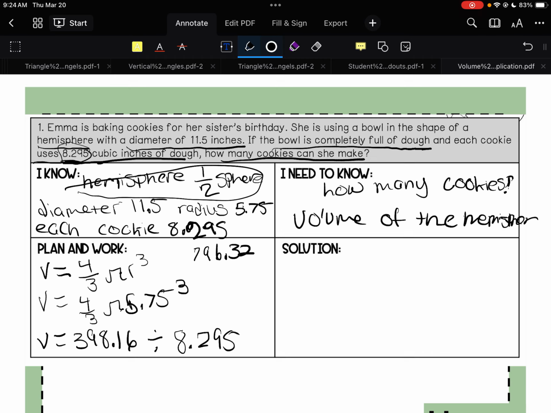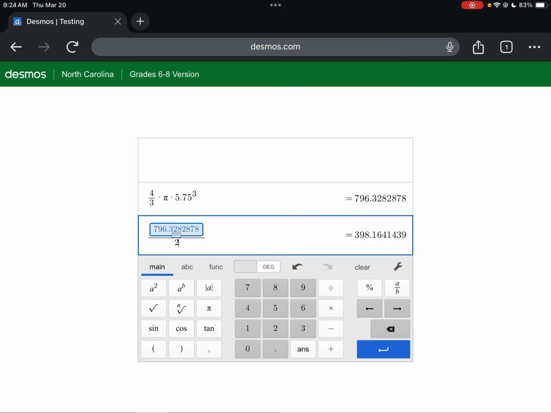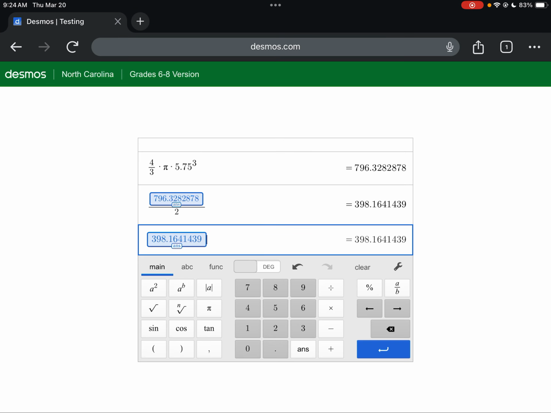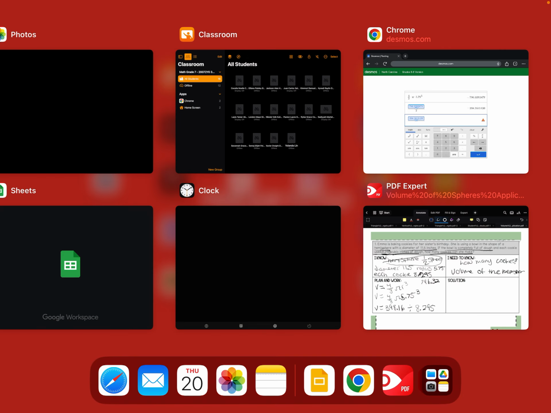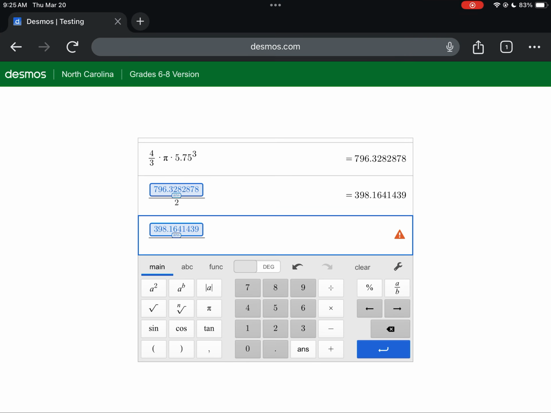It's just as if I had an even number that would go in evenly, but now I get to use the calculator. So I'm going to hit enter again, pull up answer, leave it as that long answer, and divide it by the 8.295 from my problem. So I get 48.000.